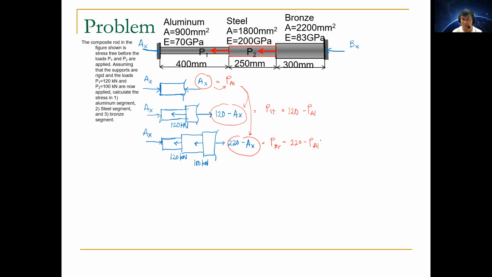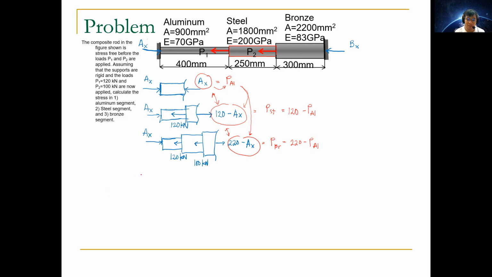Even though you can still use AX, a problem comes later if you try to do the compatibility equations.